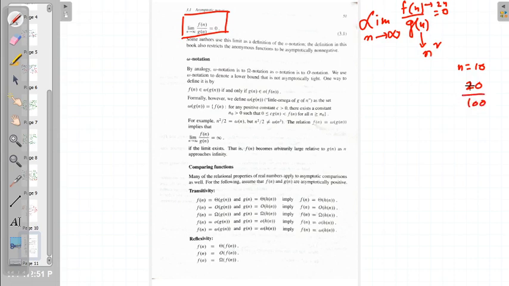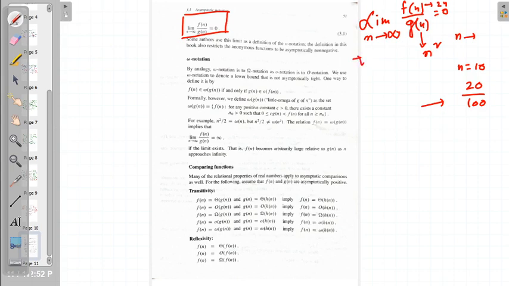So 20 by 100 we will have. As you see, whenever n becomes larger and larger, at that time f(n) by g(n) will be going to 0, tending to 0, right? So this alternative definition is also a valid one.